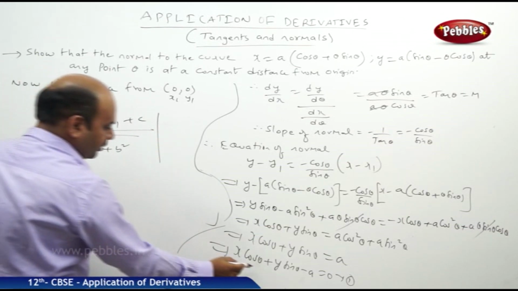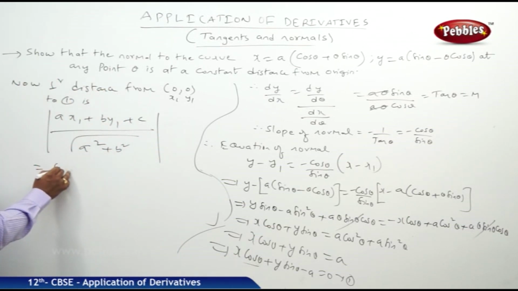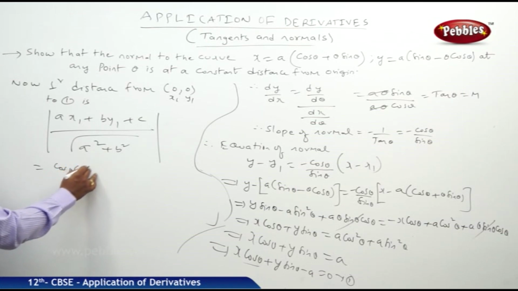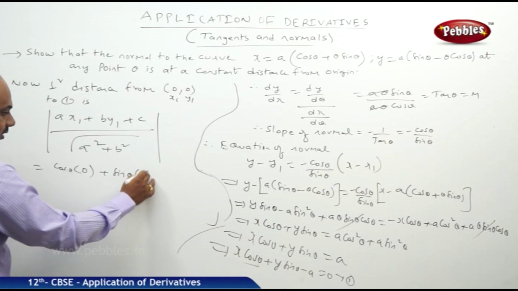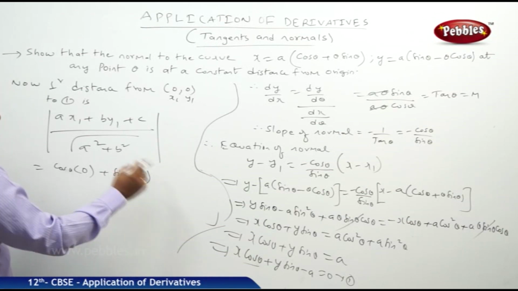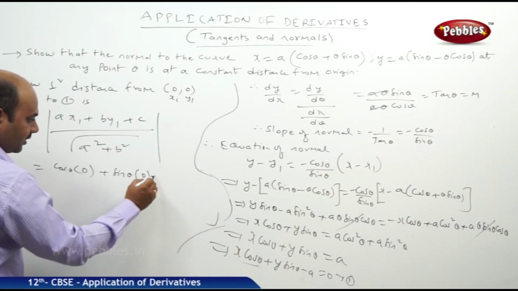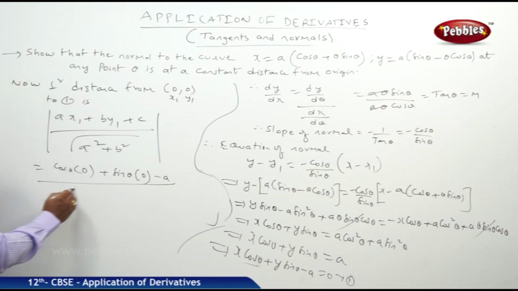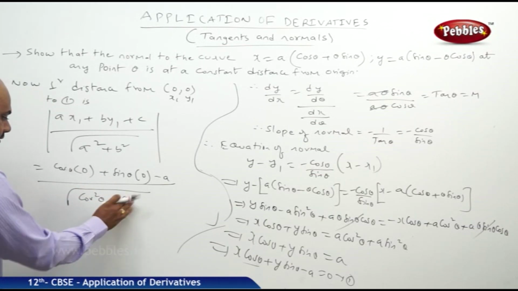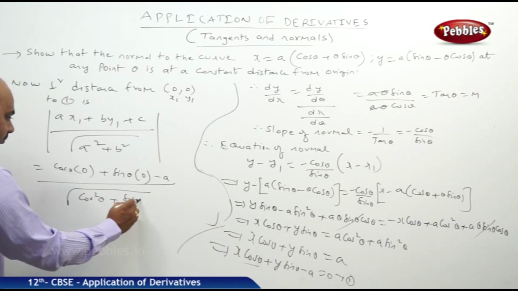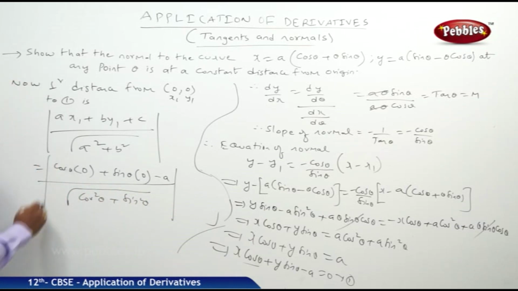So here a means what? Cos theta. So cos theta, x1 means for us 0 plus sin theta, and y means 0. So ax1 plus by1 plus c means here minus a divided by under root of a square plus b square means coefficient of x plus coefficient of y. So here cos square theta plus sin square theta, and that is modulus.